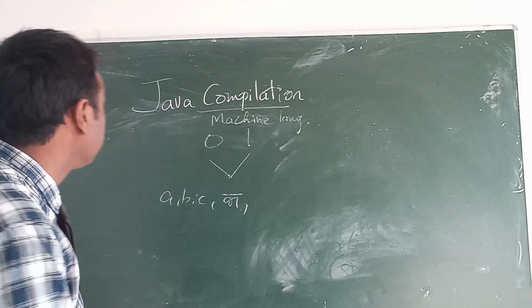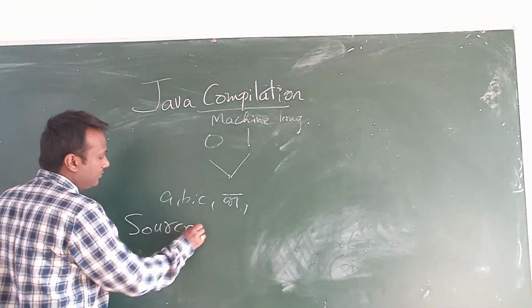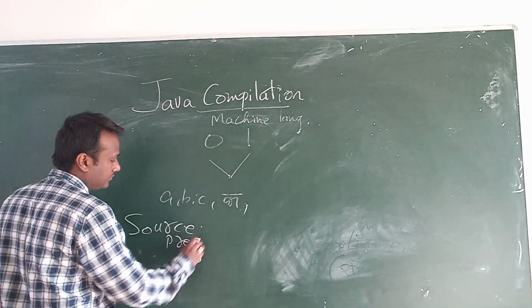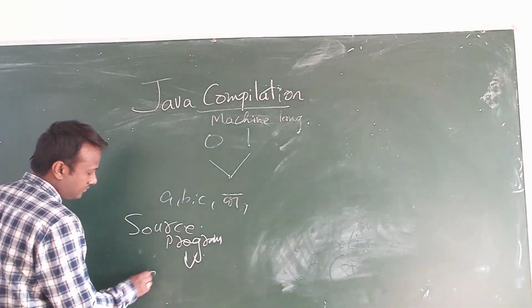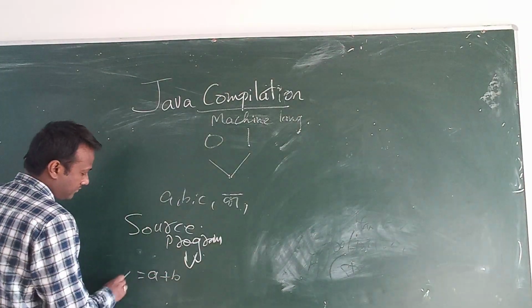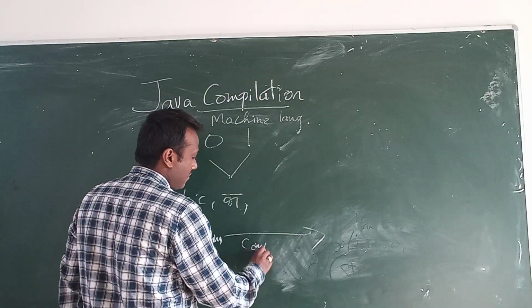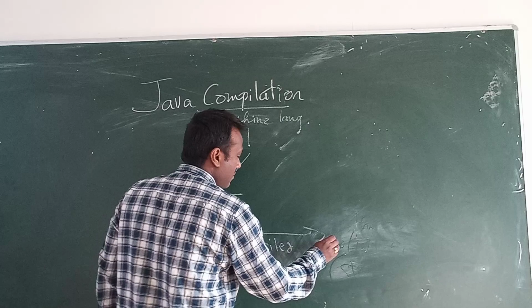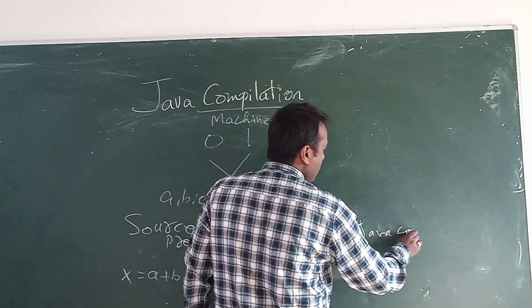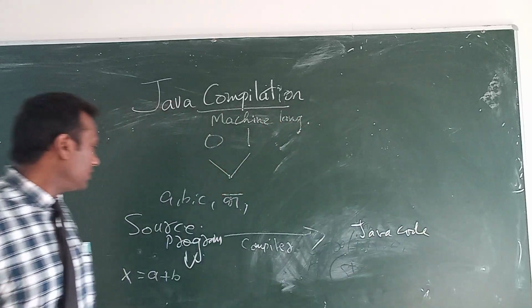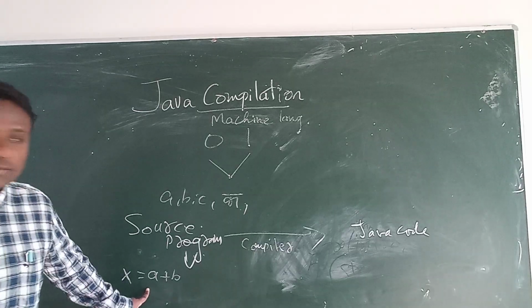For example, a source program. Students, as you can see, this is a source program: x is equal to a plus b.